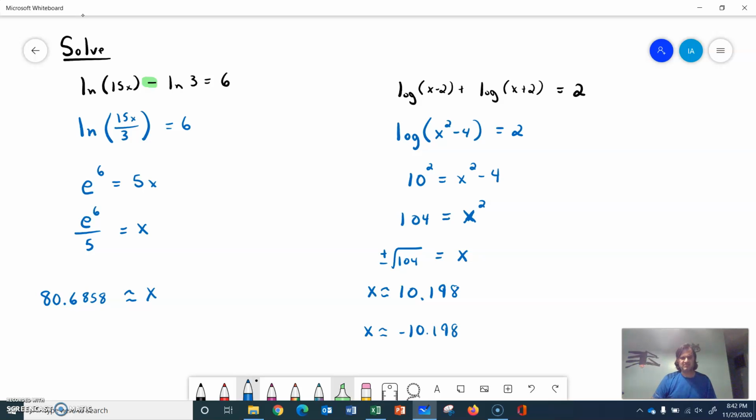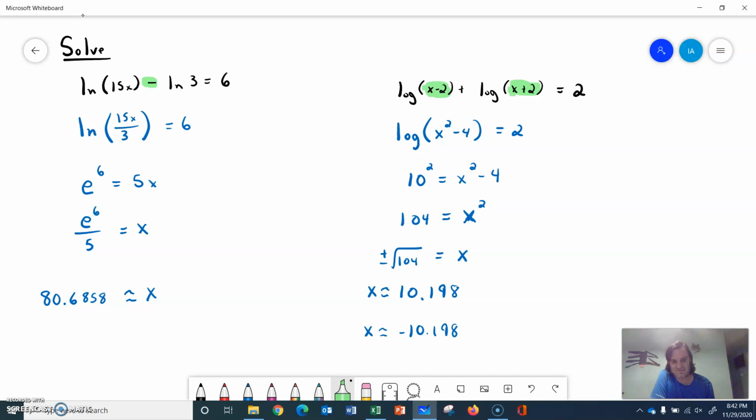And something we may or may not have discussed about logarithms is your answer has to produce a positive argument inside the logarithm. So way back up here at the beginning, whatever I plug in for x must make x minus 2 positive, must make x plus 2 positive. So it's not a problem to have two answers, and it's not a problem to have a negative answer.